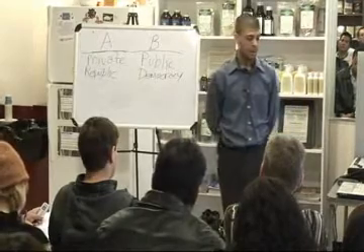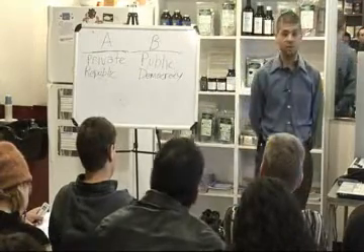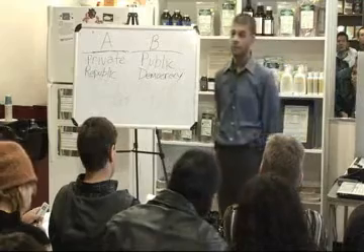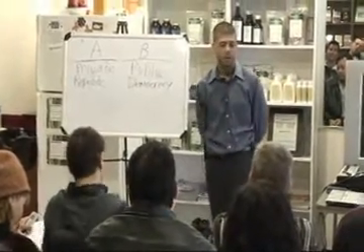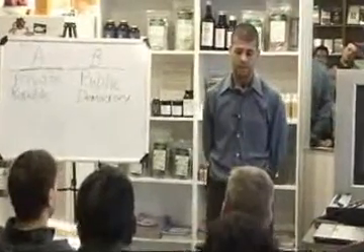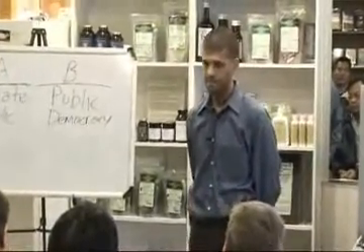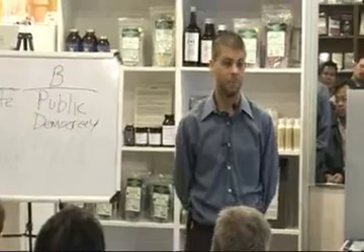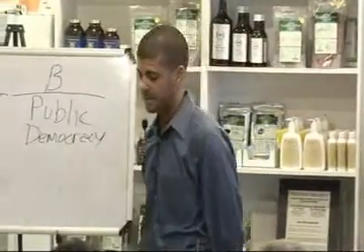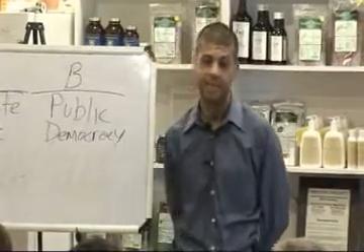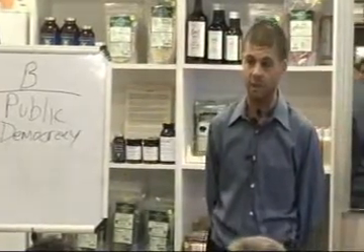Okay? In 1782, with the end of the Revolutionary War, the national government went to the states and asked the states to foot the bill for the debt that had been incurred by the national government.